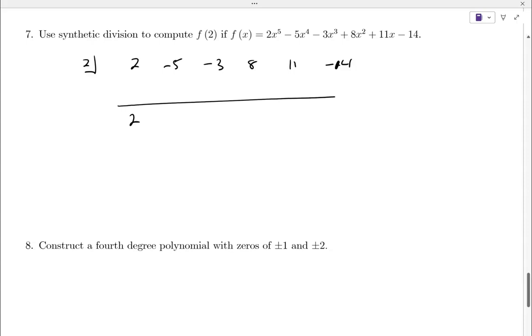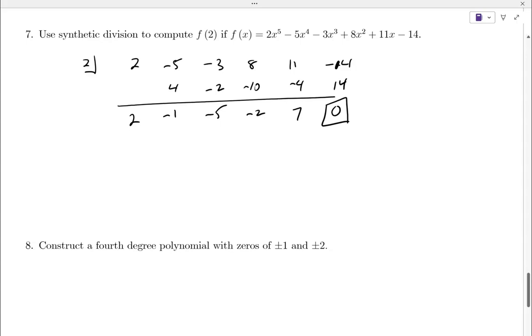Yeah, bring down the 2, right? And then times it by 2 to get 4. Okay. Good. Is that what others got?